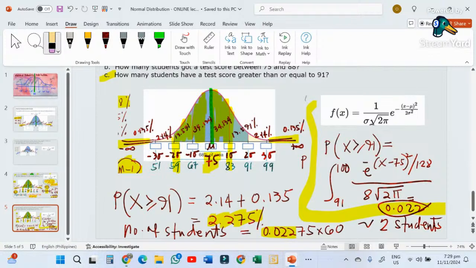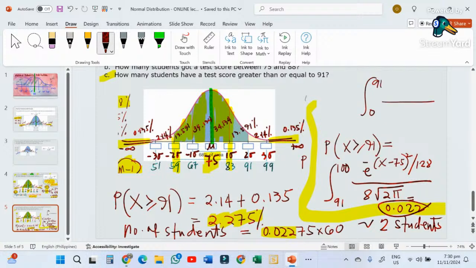Actually, there's another method to do this one. You can have a limit of 0 to 91. You can also do the integral from 0 to 91, and then get the value there, and then you do 1 minus.